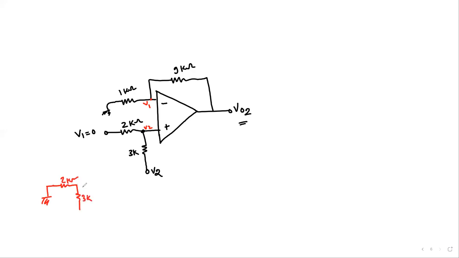This is 3K. And here is the V2 and the node. This is the voltage source V2 actually, right? And this V2 is different than this V2. So let's say this is small V2 and V1, and these are capital V2 and V1 right here. So this is V2.